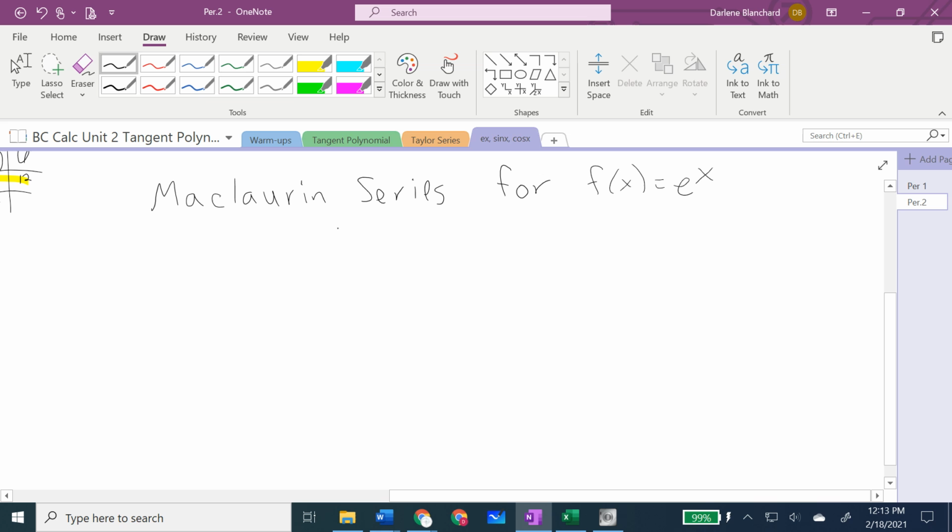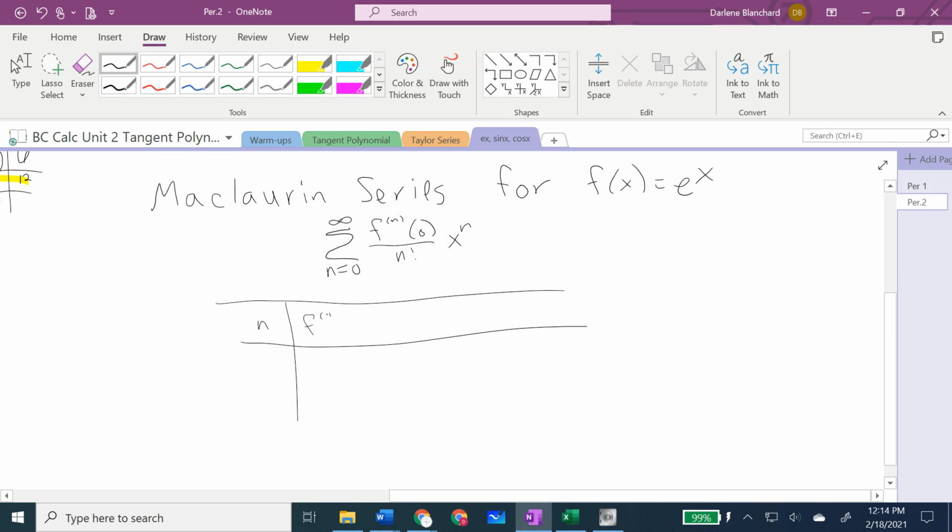The Maclaurin series formula, I'm going to rewrite it again. Sigma n equals 0 to infinity. That's why you're going to love it. The nth derivative at 0 over n factorial times x to the n power. So the zeroth derivative is the function e to the x.